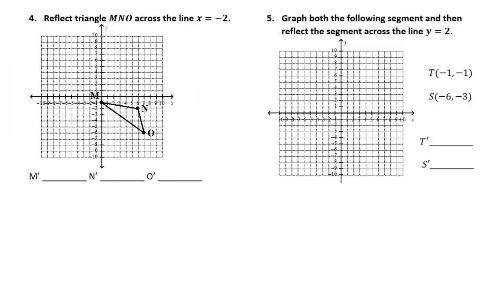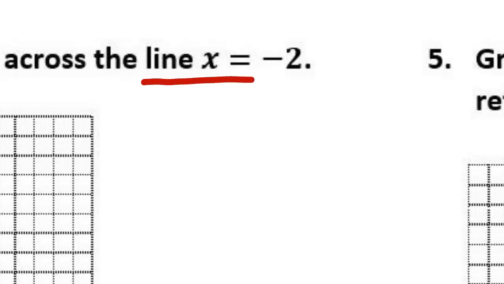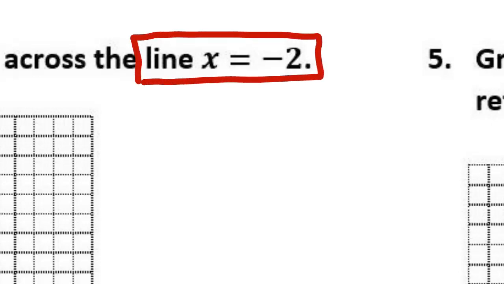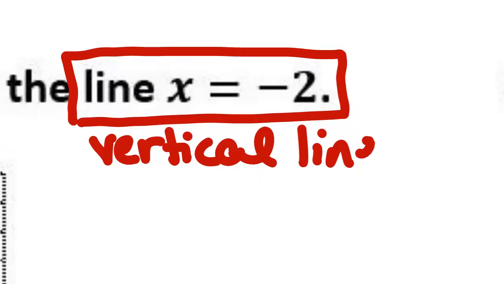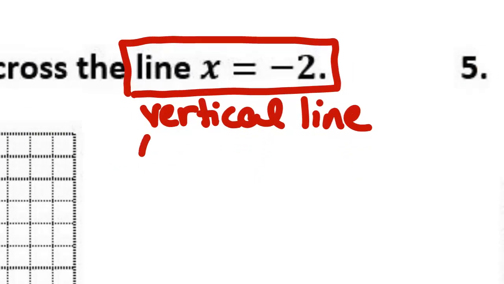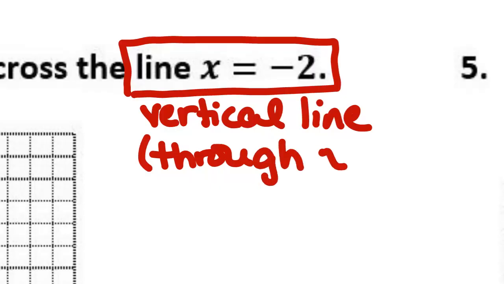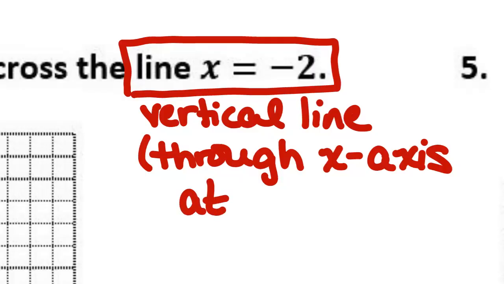If we are going across a line that is not an axis, like right here, we're going to go across the line x equals -2. This is a vertical line. It goes through the x-axis at -2.